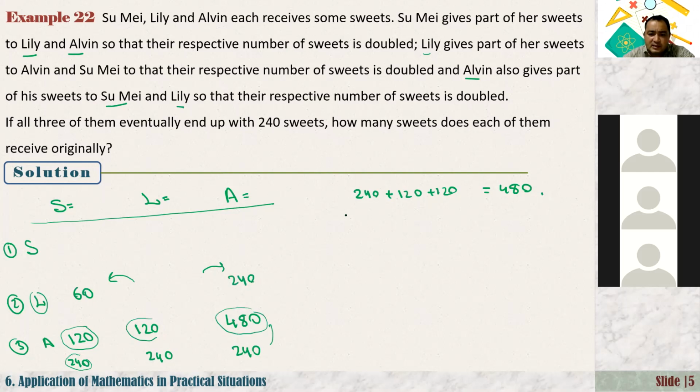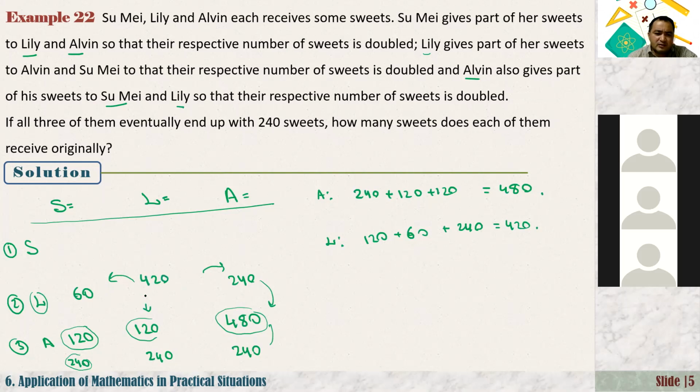So Lily gave 60 to Sume and 240 to Alvin. She had 120 left, so 120 plus 60 plus 240 is 420. That means before Lily gave away some candies to Sume and Alvin, she had 420 candies.